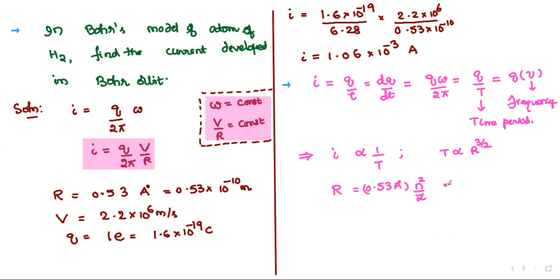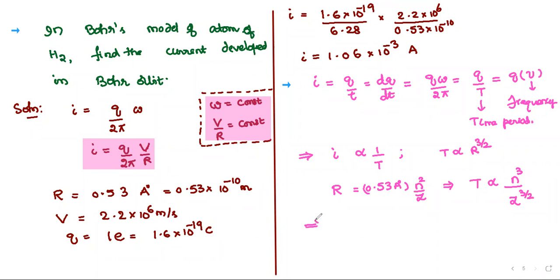That implies T is directly proportional to R power 3 by 2, meaning n cube upon Z power 3 by 2. Is it right? 0.53 is constant. Any mistake here?